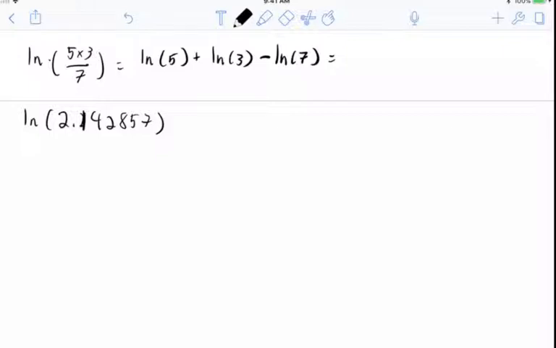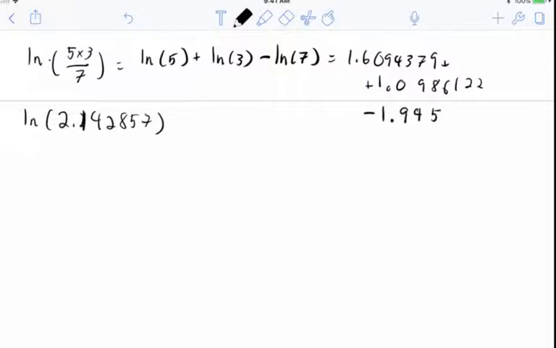Ln of the 5, that's equal to 1.6094379, plus ln of the 3, that's 1.0986122, and ln of the 7, that's equal to 1.9459101.